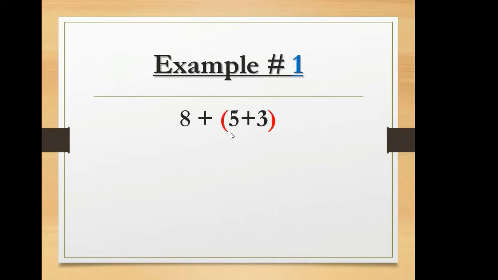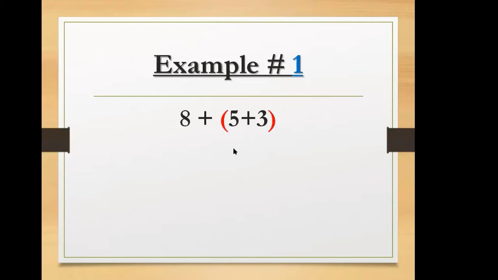This is a small bracket, and according to the sequence, a small bracket is removed as the second step. Number one is vinculum, number two is parenthesis, number three is curly bracket or flower bracket, and number four is large bracket.